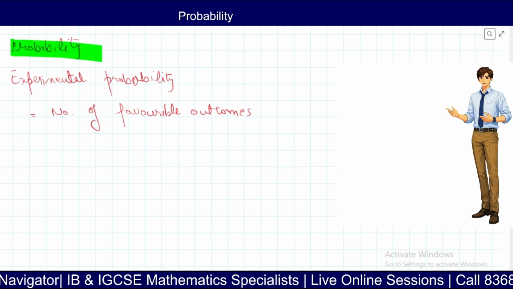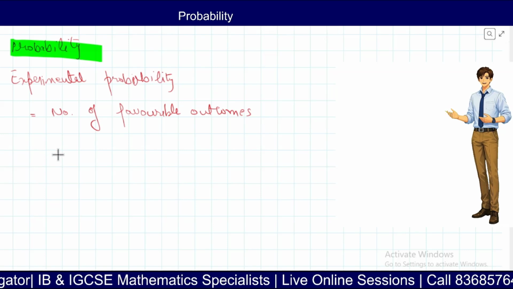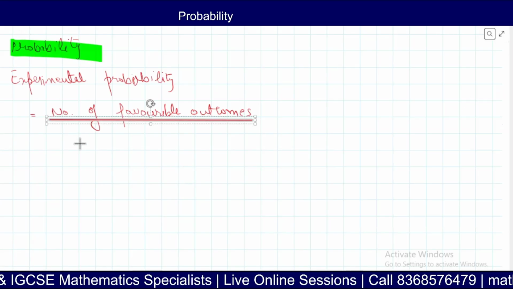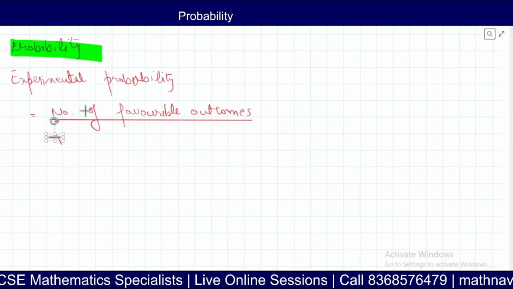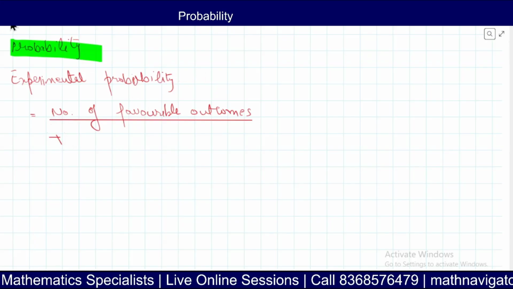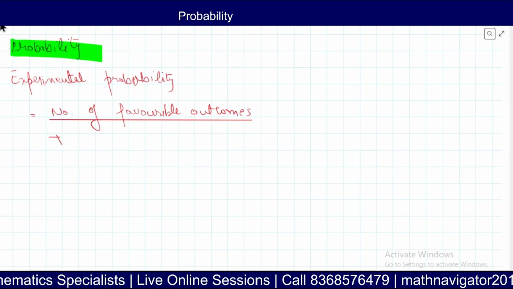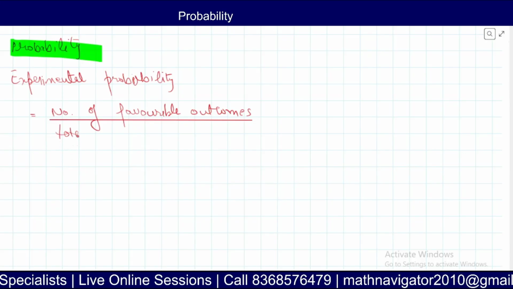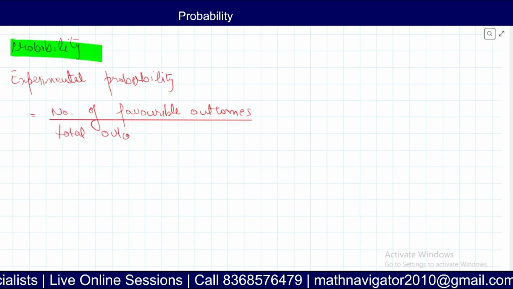I'll just explain to you what this means when I say number of favorable outcomes over total outcomes, right? Let's understand what this means.